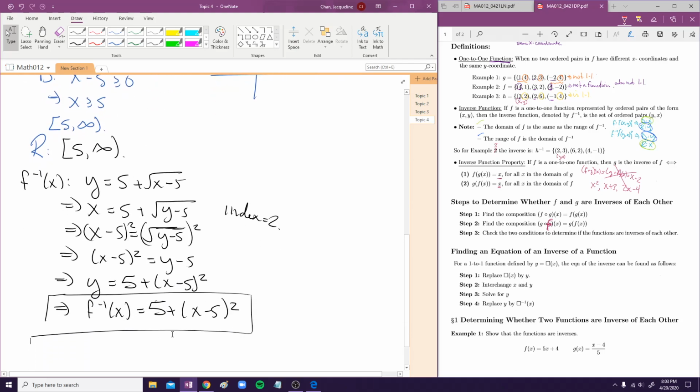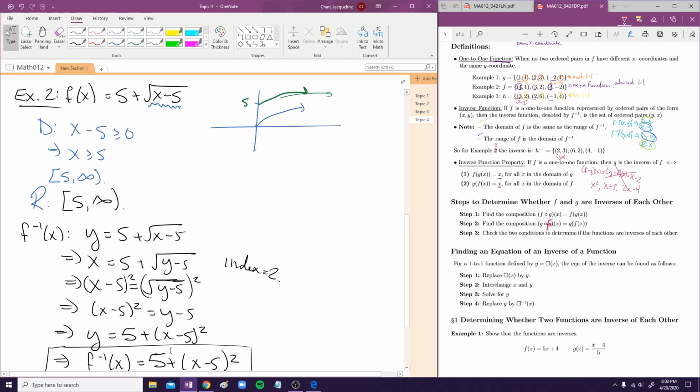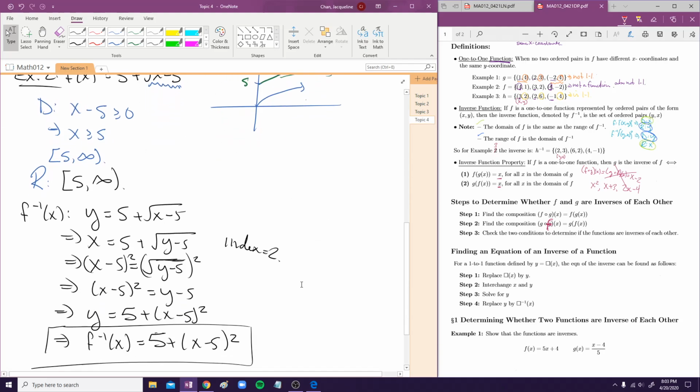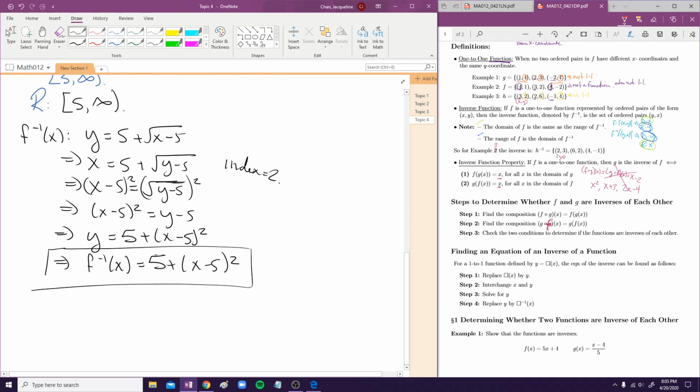So if I put negative infinity to infinity, and since this would represent the range, then if I put in 0, it wouldn't satisfy our original equation, and that's not good. Right? So remember that f inverse's domain is our range of f. So what is the domain here? Our domain is 5 to infinity.